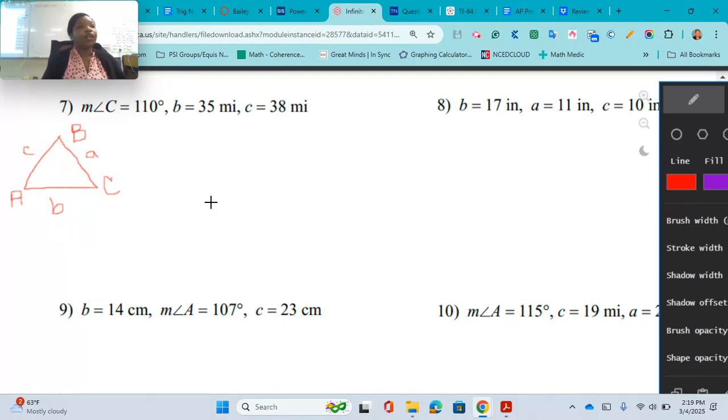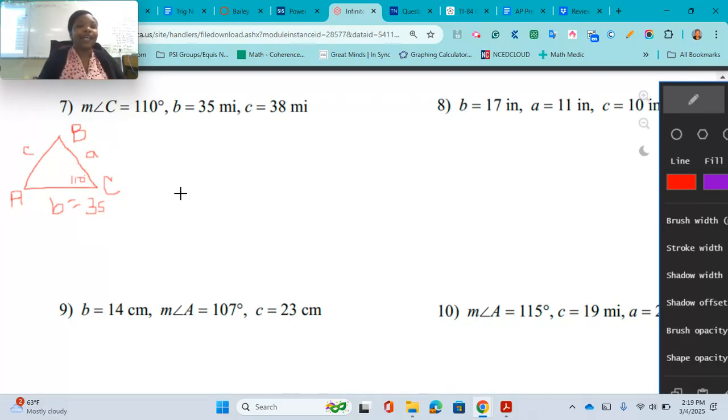All right. They said that the measurement of angle C is 110 degrees. So I'm going to put that 110 inside. They said the length of little b is 35 miles. Little b is 35. All right.